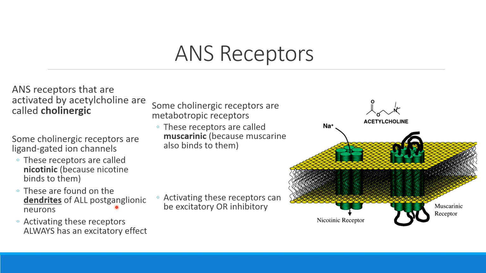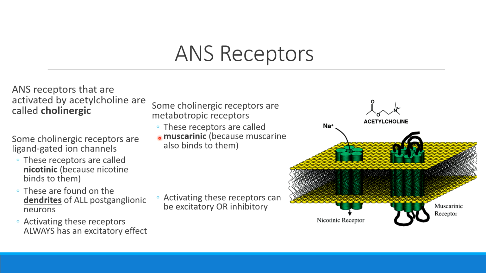Ganglionic means that bump where two neurons meet. So anytime we're in the autonomic nervous system and we are spitting out acetylcholine from a preganglionic neuron who brought the message there, the postganglionic neuron will always hear that message with a nicotinic cholinergic receptor. Acetylcholine always gets them excited.